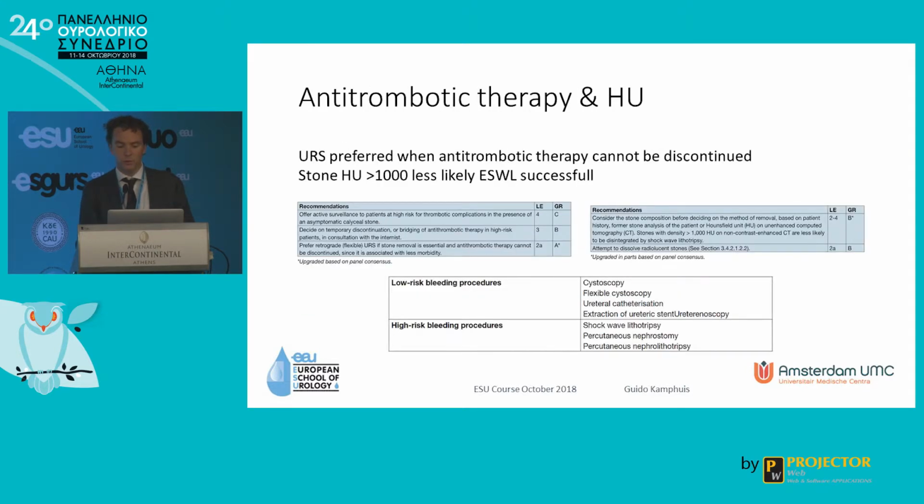On antithrombotic treatment, if a patient is on antithrombotic treatment and therapy cannot be discontinued, ureteroscopy has a preference. And if a stone has Hounsfield units more than 1,000, ESWL results are lower, so the advice is to do something else.